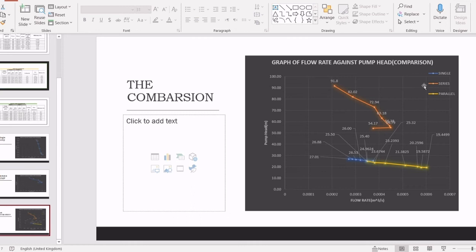From this observation, we conclude that when two similar pumps are connected in parallel, the resulting output curve is obtained by adding their flow rates at the same head. This is all from me, which is about the result part.